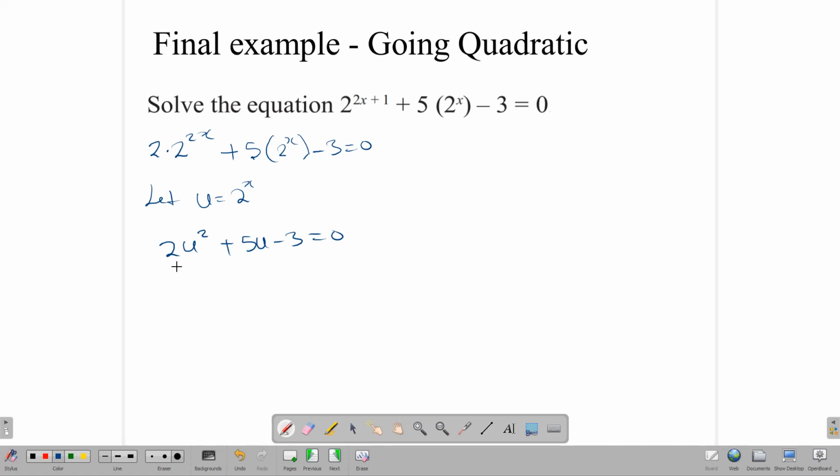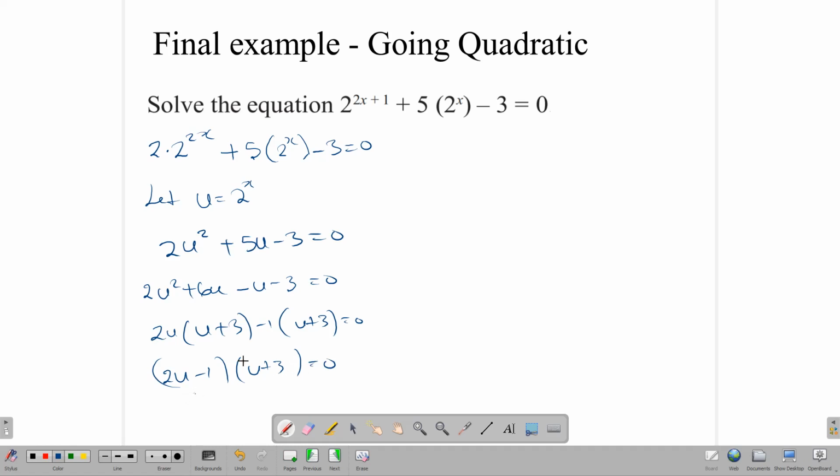If we use factorization, then we end up with 2u squared plus 6u minus u minus 3, and that gives us 2u into u plus 3 minus 1 into u plus 3. So we end up with 2u minus 1 and u plus 3 equals 0, which tells us that u is equal to a half, and u plus 3 equals 0 tells us that u is equal to negative 3.